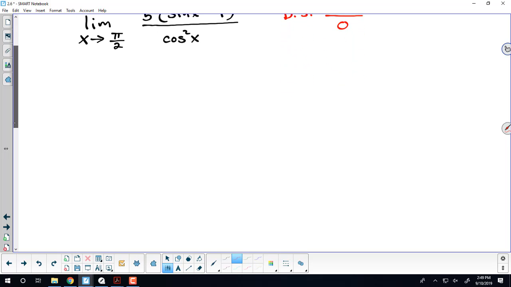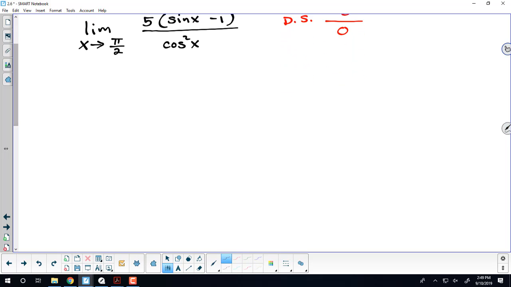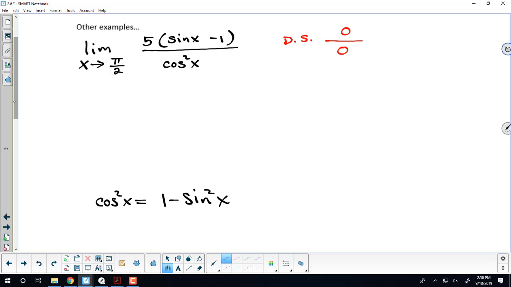So I'll take this down here and write cosine squared is 1 minus sine squared. If we put that in place of cosine squared, would that help us out? Not initially, because 1 minus sine squared is still 0.